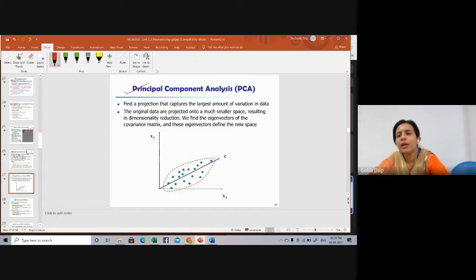Again, PCA is a technique which you cannot just apply straight away. PCA itself requires some pre-processing steps. For example, before applying PCA, there should not be any null values. PCA cannot be applied to a data set in case null values are available.